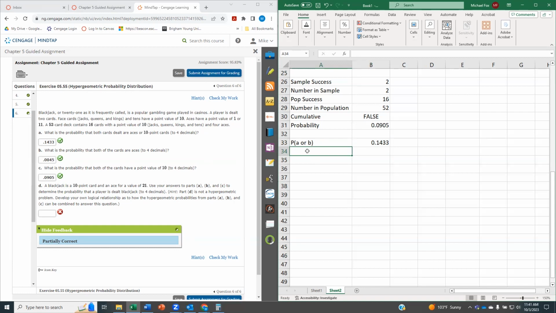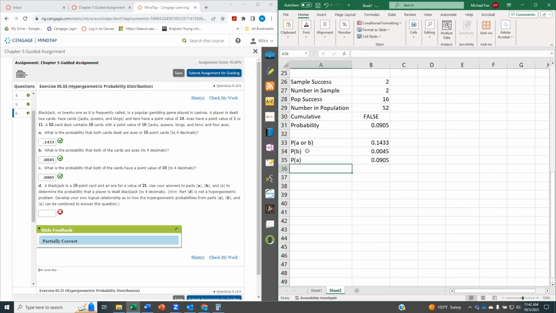And then we have the probability that it's B, meaning the probability that it's an ace, is, I guess I should use probability of A for ace. That would have made more sense, huh? 0.0045. And the probability that it's A, meaning a 10-point card, is 0.0905.